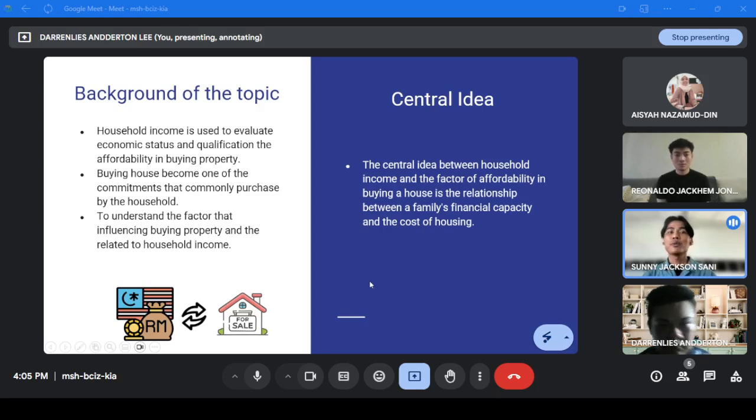Then we want to understand the factors that influence buying property and their relation to household income. The central idea between household income and the factors of affordability in buying a house is the relationship between a family's financial capacity and the cost of housing. In simple terms, affordability refers to how much of the household income is required to purchase or rent a home without facing financial stress. Thank you.